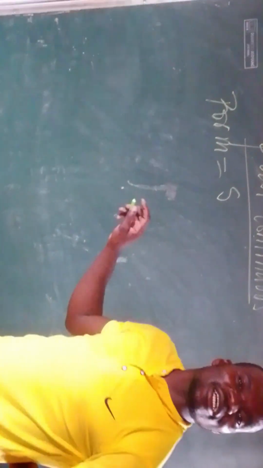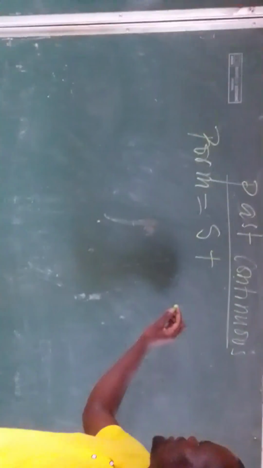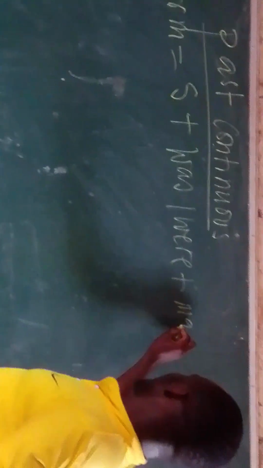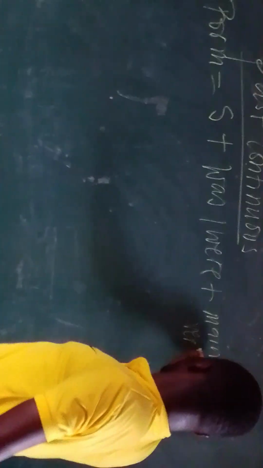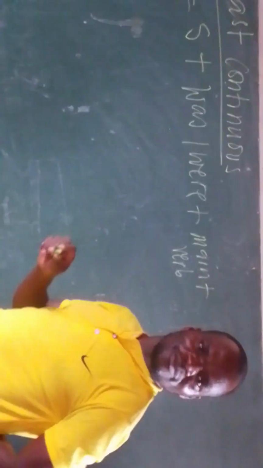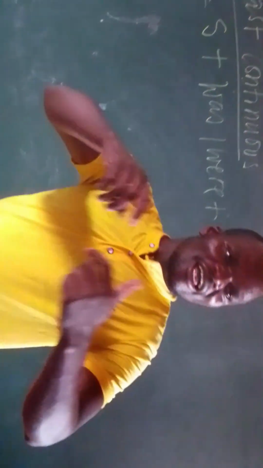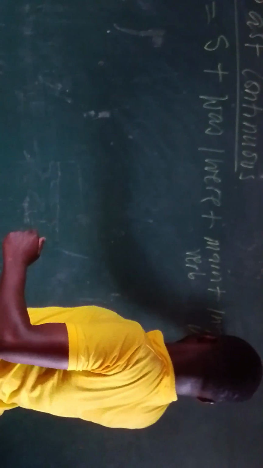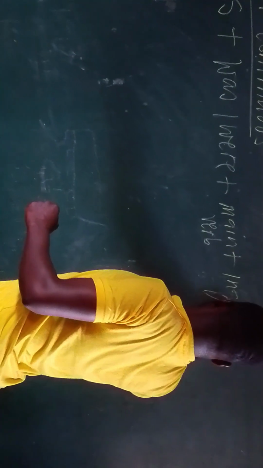We start with the subject, followed by the verb to be in simple past, which can be was or were, then plus the main verb, then plus the ing form, then plus the object.